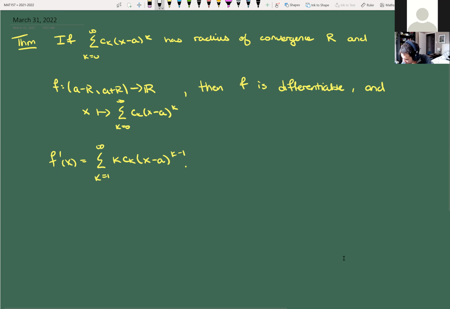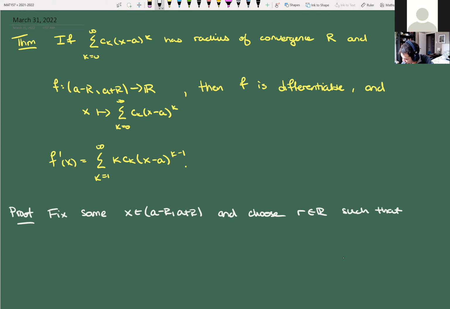So let's say, proof. Fix some x in (a minus r, a plus r), and choose little r such that this is true.